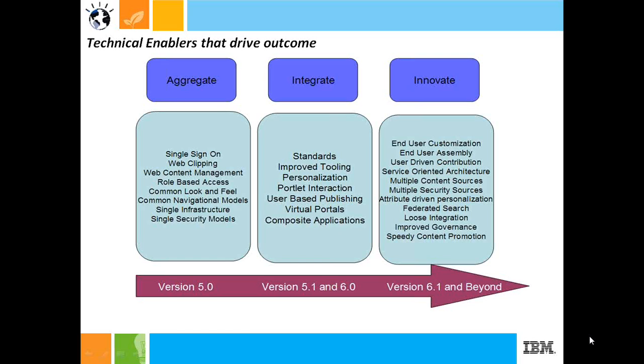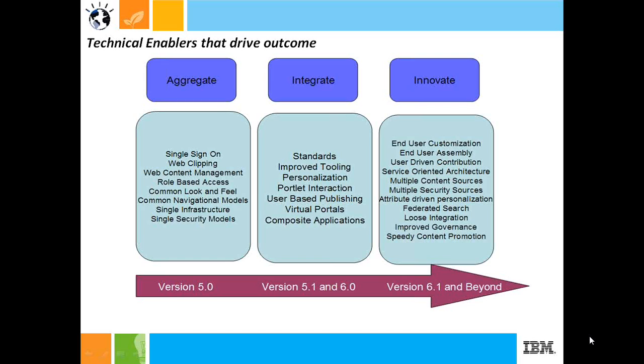Even though IBM standards were accepted at that point of time, people predominantly developed their portlets to JSR 168 in order to have portability with other portals. Then personalization was introduced in 5.1, which was one of a kind. Portlet interaction was there; even though inter-portlet communication was not there, there was a way to do it. Then user-based publishing and virtual portals were there, and it also supported composite applications.